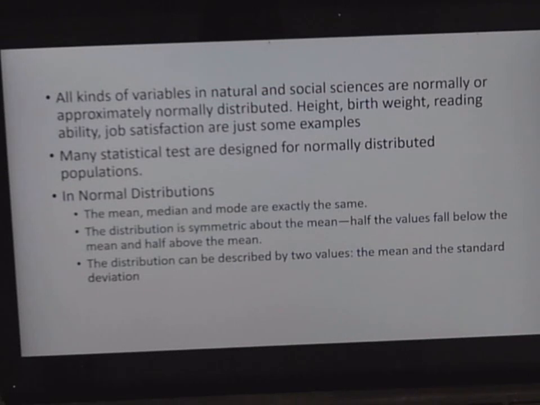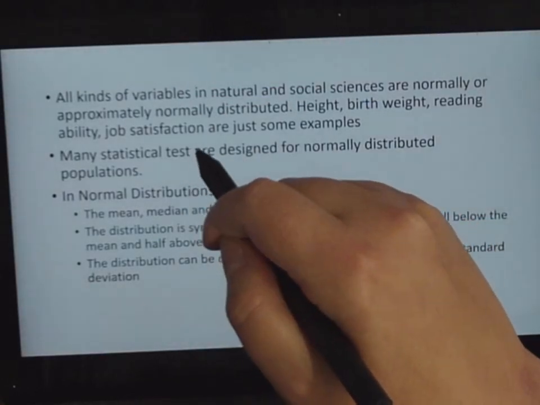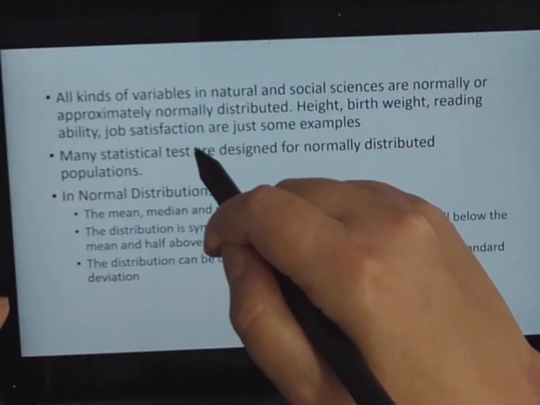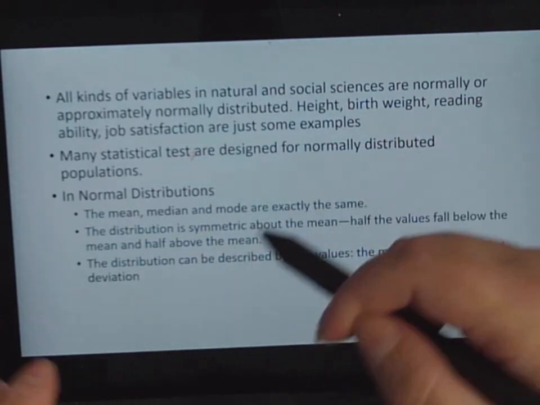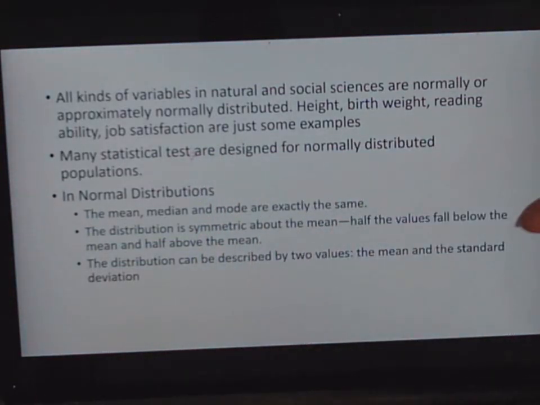Many statistical tests, that should be tests plural, are designed for normally distributed populations. As in, we're going to have lots of formulas going forward that we can apply to normally distributed populations.